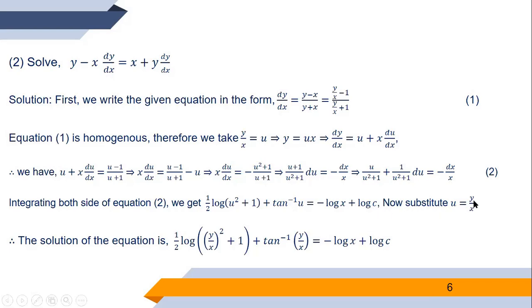Now substitute y/x for u. So the answer is 1/2 log((y/x) whole square plus 1) plus tan inverse (y/x) = minus log x plus log c.